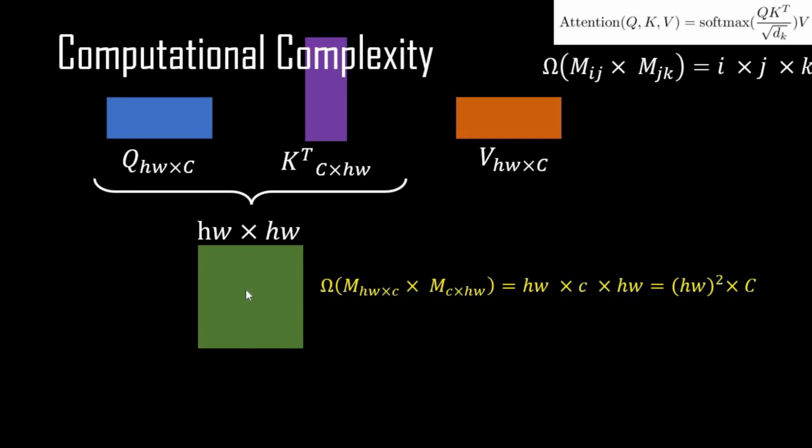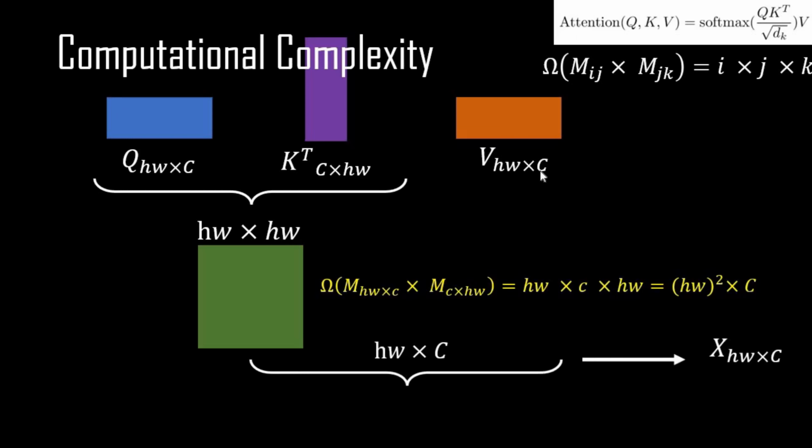Now let's multiply this green box by this orange box, which is the result of the softmax, by v. The result of that is going to be hw times c, which is our output. For the time complexity of that, now i is hw, j is hw, and k is c, and this is going to be our time complexity for the multiplication of the output of the softmax by the value.